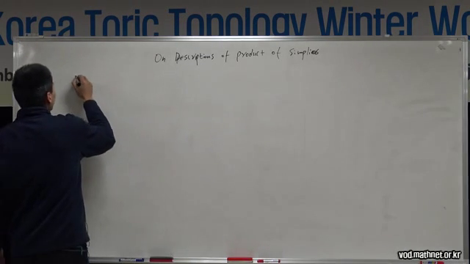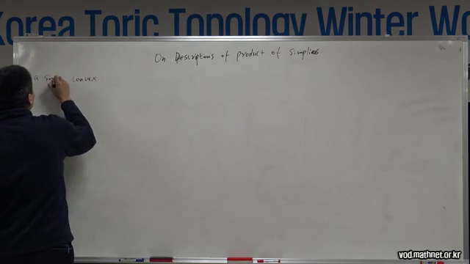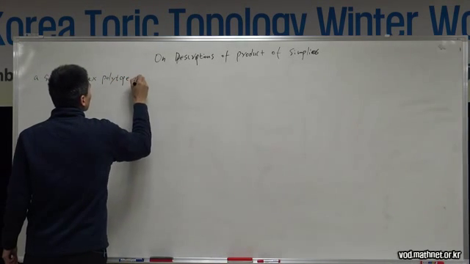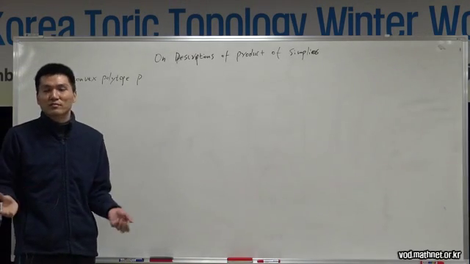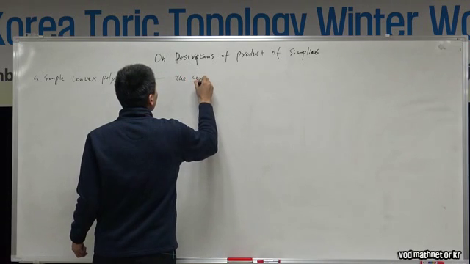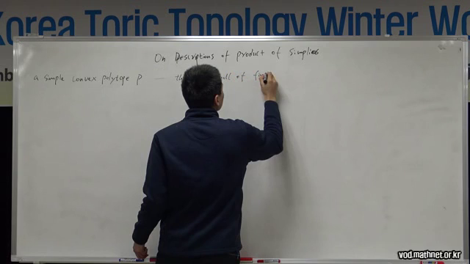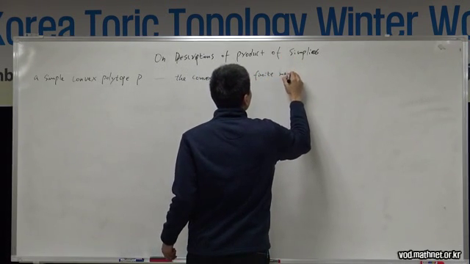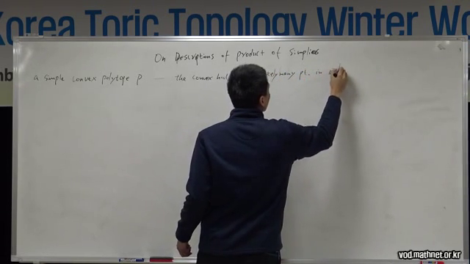A simple convex polytope in my talk means the convex hull of finitely many points in some Euclidean space.